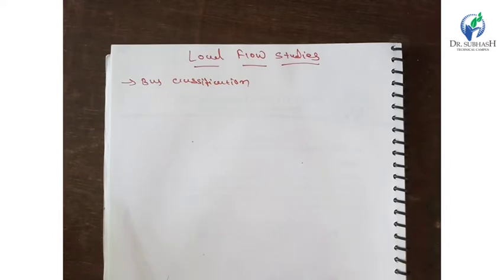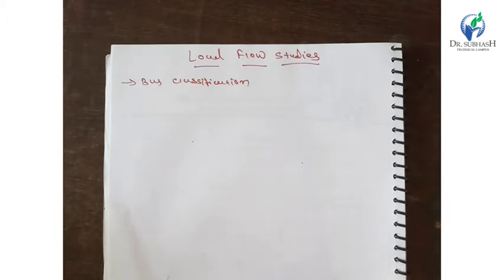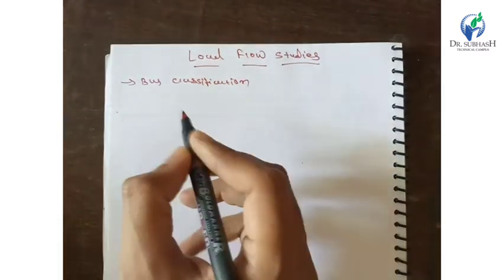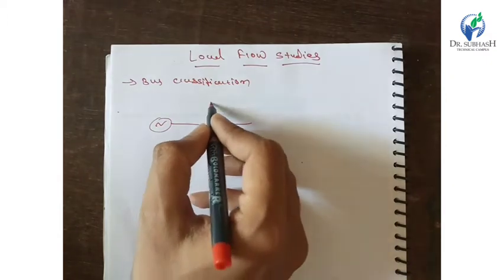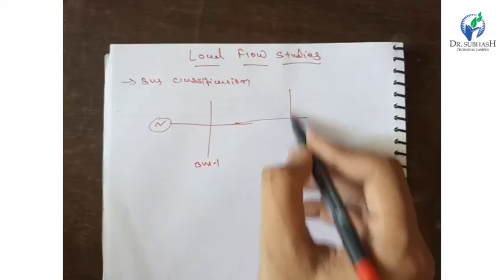Another name for the slack bus is the reference bus. In the previous video lecture, we discussed the transmission and distribution network. This is the basic figure I draw for a clear explanation: the generating point, here bus 1, and bus 2.